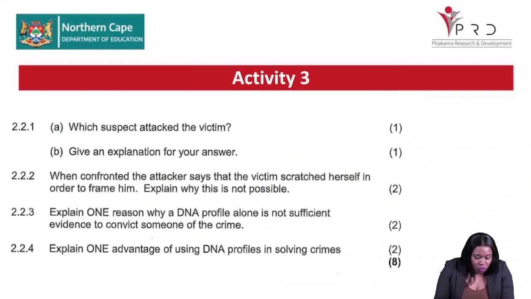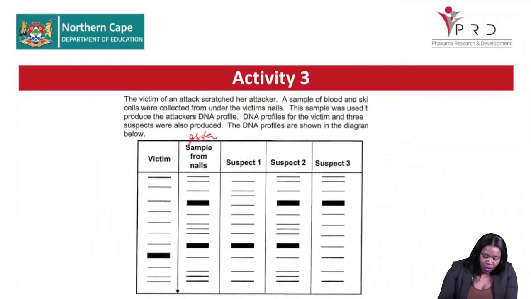Now, it says which suspect attacked the victim. Let's have a look. So the first one matches with 2 and 3. Second one matches with all of them. The third one matches with all of them again. And then the fourth one, it matches with 2 and 3.